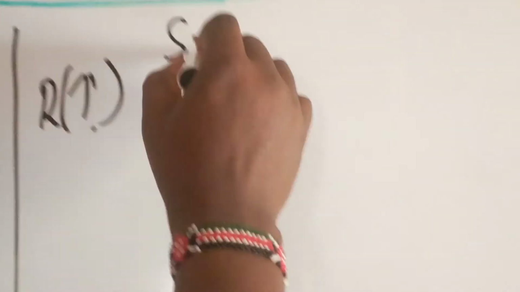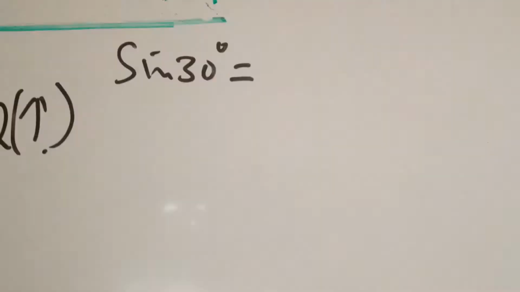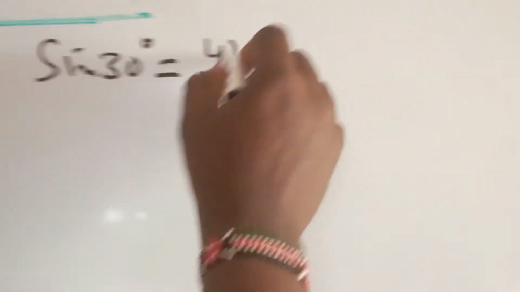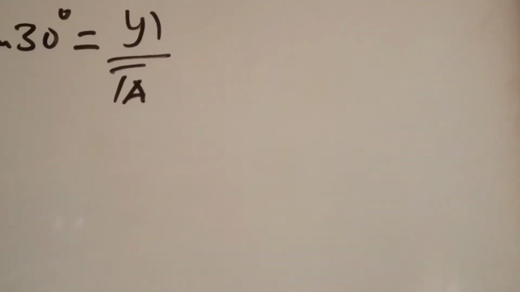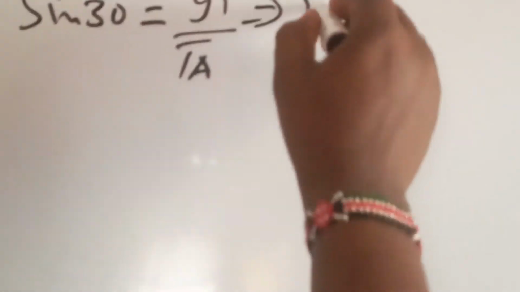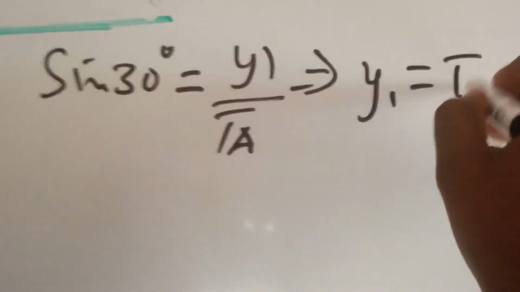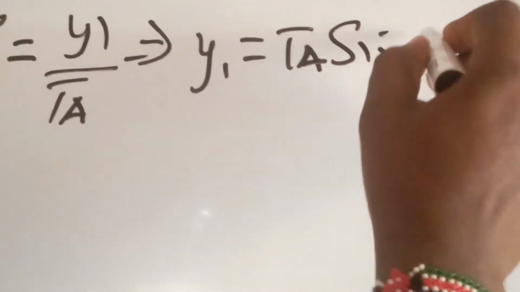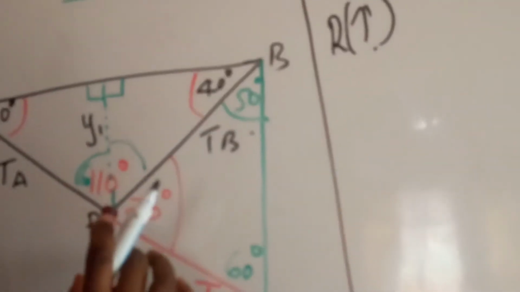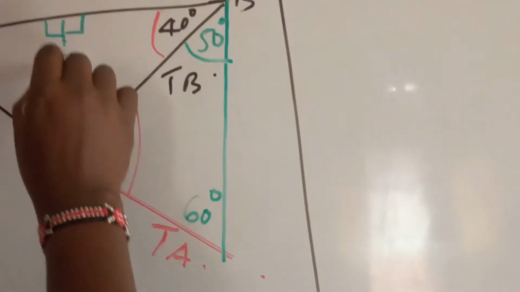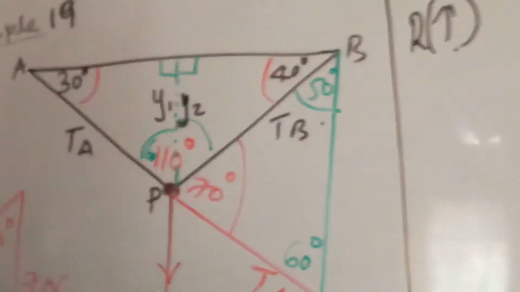So as you can see, the sine of 30 degrees is going to be opposite, which we are calling Y1, over the hypotenuse, which we are calling the tension of A. With this, Y1 is the tension of A multiplied by sine 30. If you consider this force again, it is not only pushing the particle to the right, it is also pushing the particle upwards with a force, let's call it Y2.